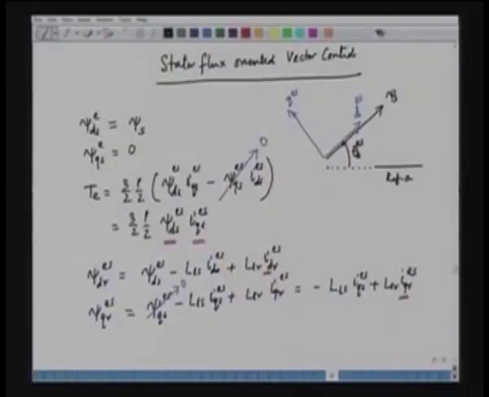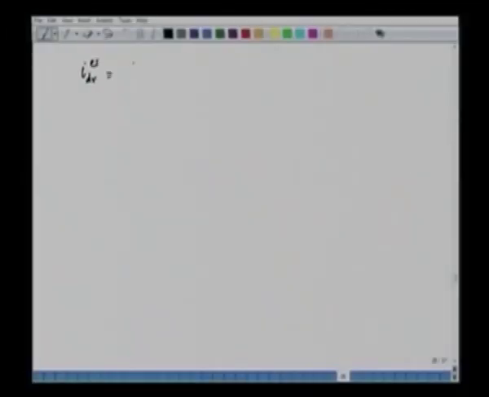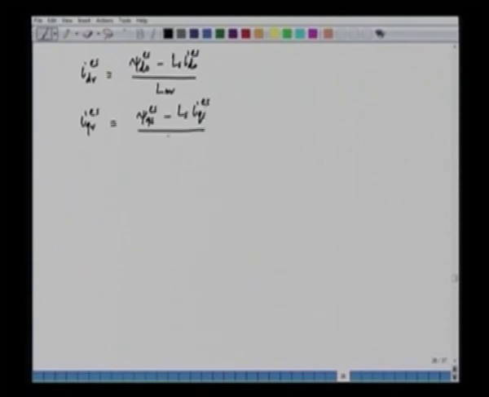So, we can do that in the following fashion. IDR^s is equal to ψds^s minus Ls Ids^s by Lm, and in a similar fashion IQR^s is equal to ψqs^s minus Ls Iqs^s by Lm, and we know that this flux does not exist, it is equal to 0.